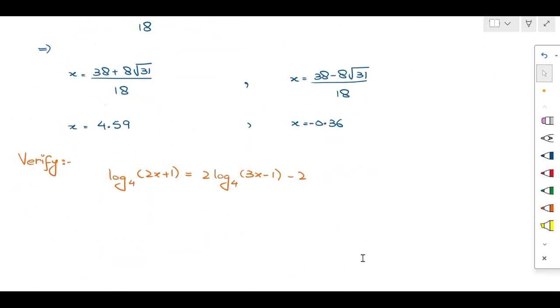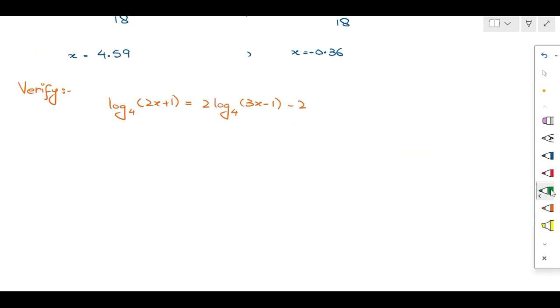Negative 2. Okay. Now let's verify the first solution. Log base 4 of 2 times 4.59 plus 1 is equal to 2 times log base 4 of 3 times 4.59 minus 1, negative 2.